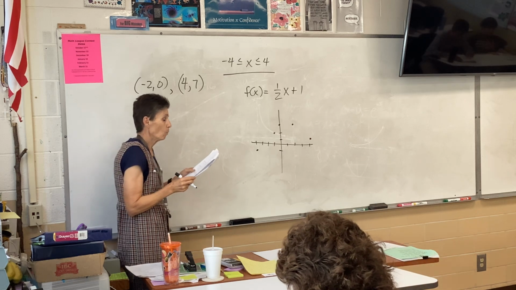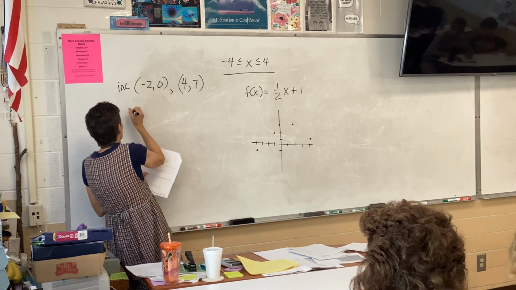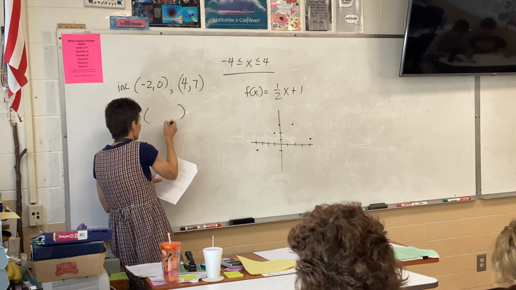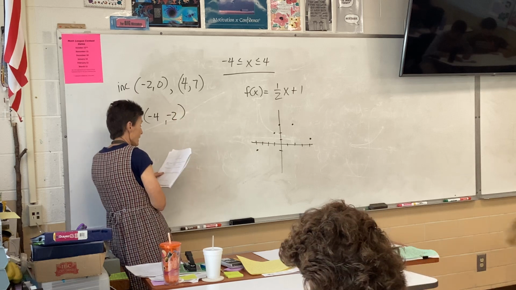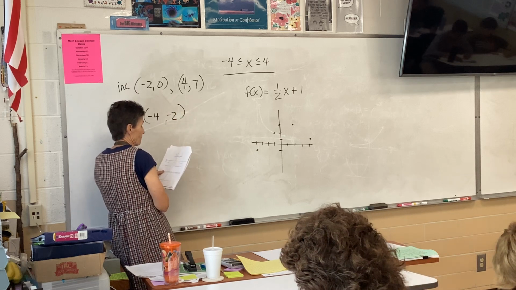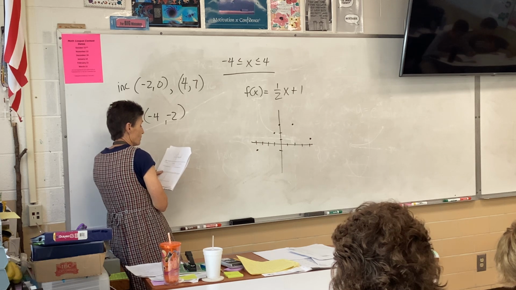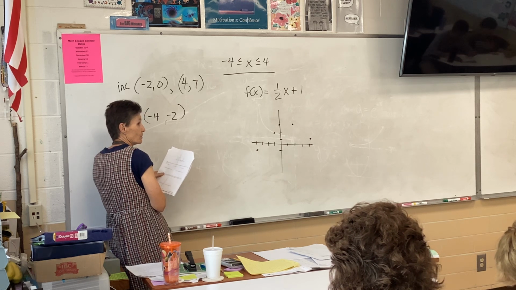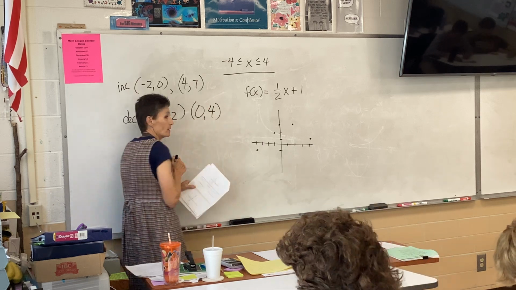Okay. Where is it decreasing then? This was increasing. Where is it decreasing? -4 to -2. Okay, any place else? Actually 0 to 4. Isn't it going down that whole time?